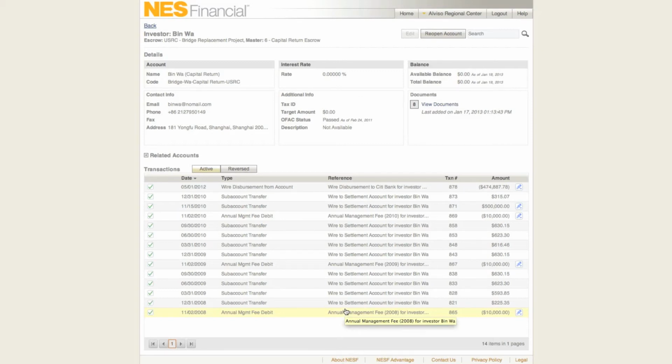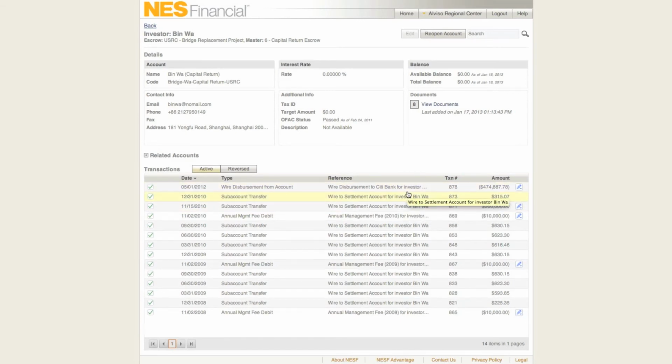We're also assessing interest on his investment to the developer, and you can see the deposits from that interest on a quarterly basis into this account. The credits and debits will collect into this account until the developer refinances the project in November, as we saw earlier. The $500,000 is transferred back to Benoit's Capital Return Escrow.